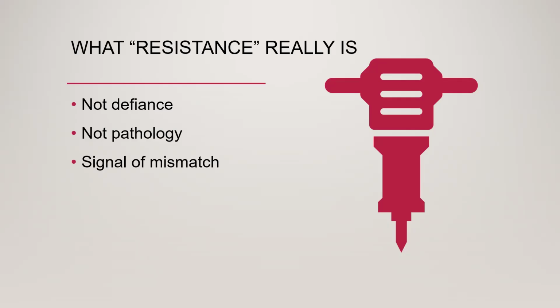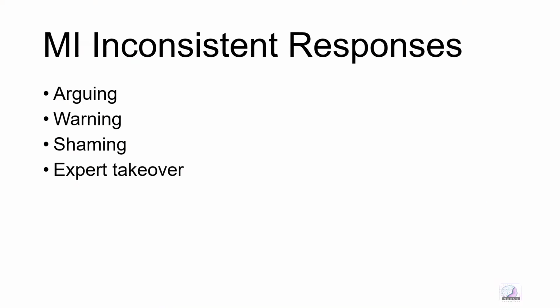The client was not ready to go that way and you dragged them there. So if you learn to reframe it, you'll be patient with your client. Some MI-inconsistent responses: we don't argue with our clients, we don't warn them, we don't shame them, we don't behave like we know how they should live their lives.